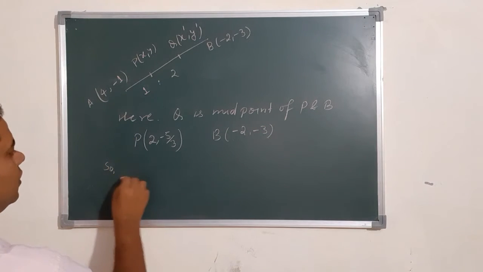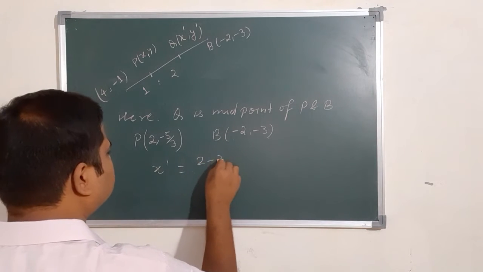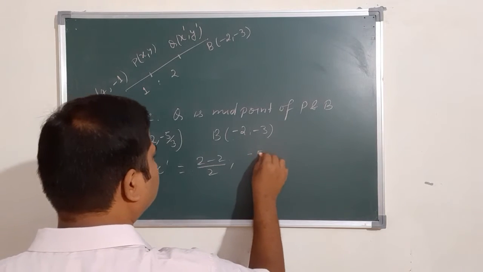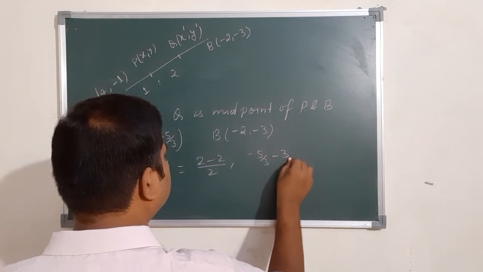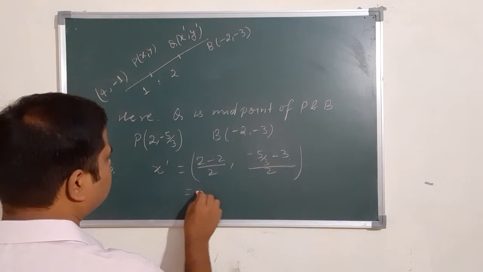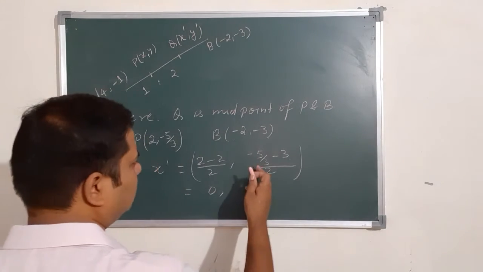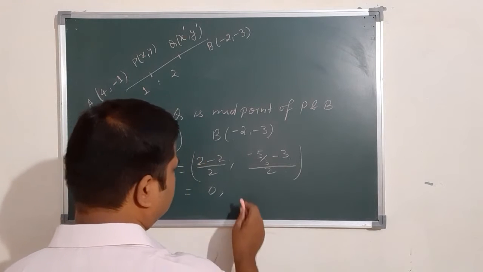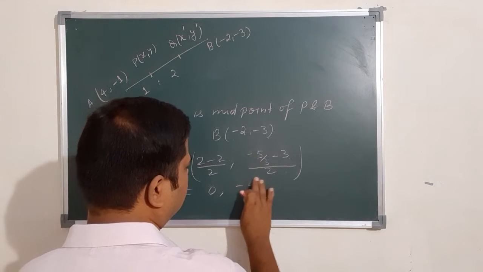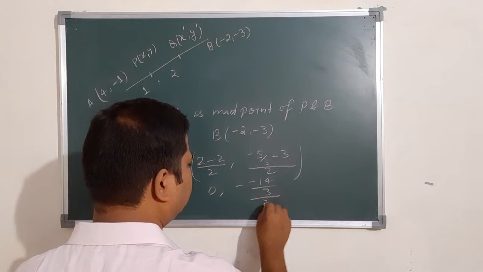So x dash is nothing but x1 plus x2, that means 2 minus 2 divided by 2 comma minus 5 by 3 and minus 3 divided by 2. So this becomes 2 minus 2, 0 comma, this is minus 5 minus 9, minus 14 by 3 and divided by 2.